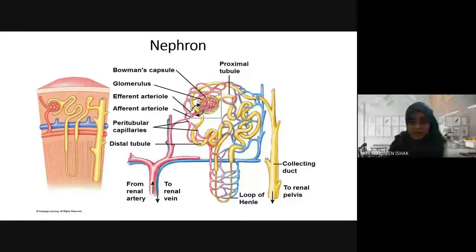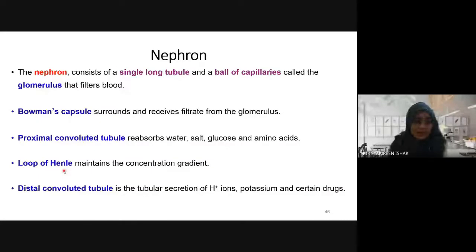Ingat dia punya sequence dia. It is really important to memorize the sequence of the nephron, the structure of the nephron. After the Bowman capsule is the proximal tubule. After the proximal tubule is the loop of Henle. The loop of Henle maintains the concentration gradient. Tadi saya lupa, proximal tubule is where reabsorption of water, salt, glucose and amino acid occurs.